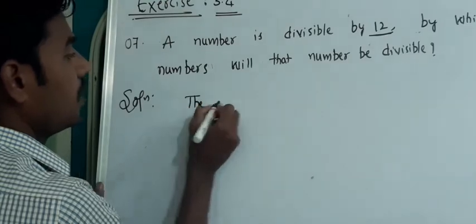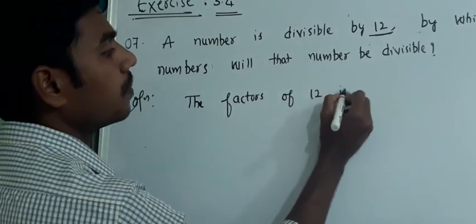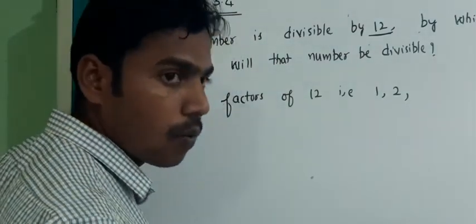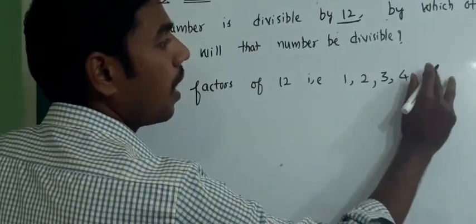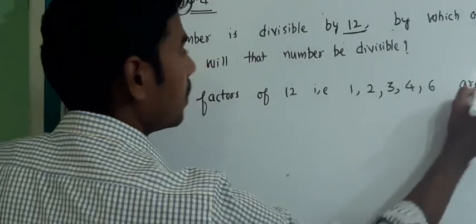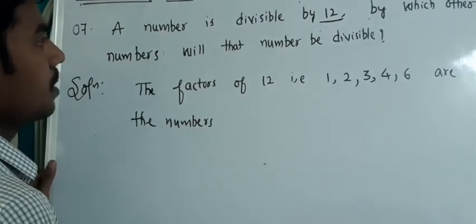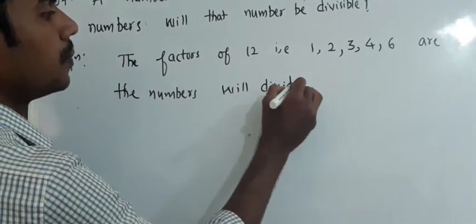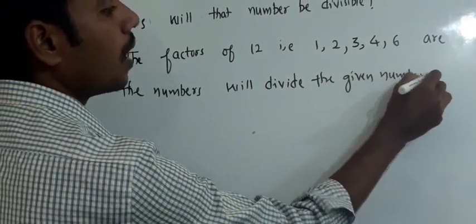The factors of 12, that is 1, 2, 3, 4, 6 are the numbers that will divide the given number. Understood? Please note this down.